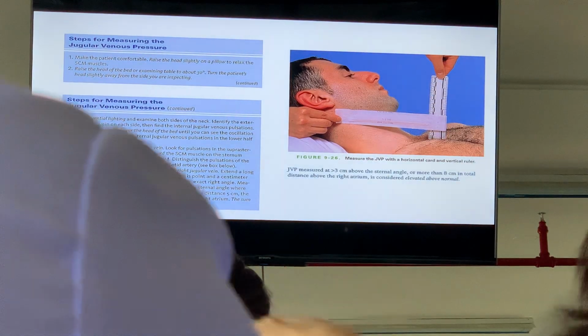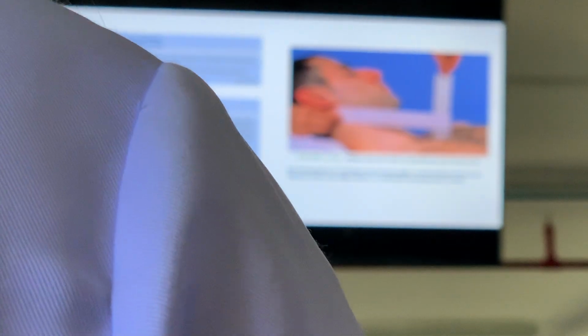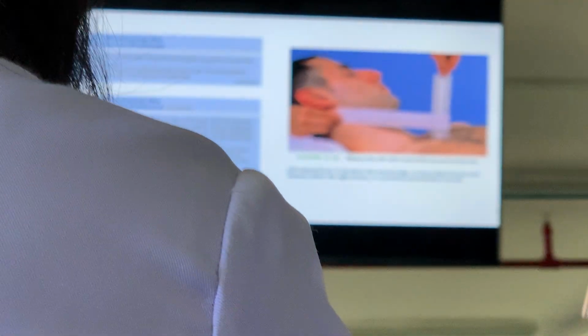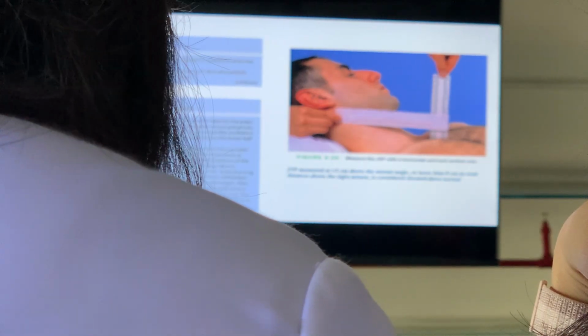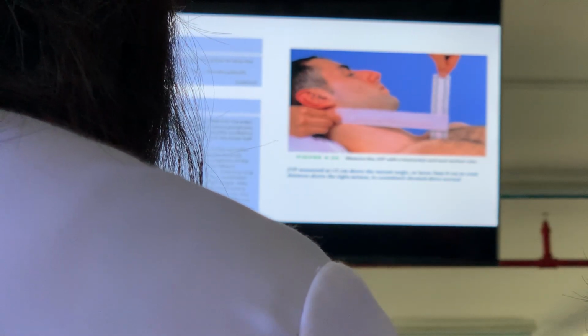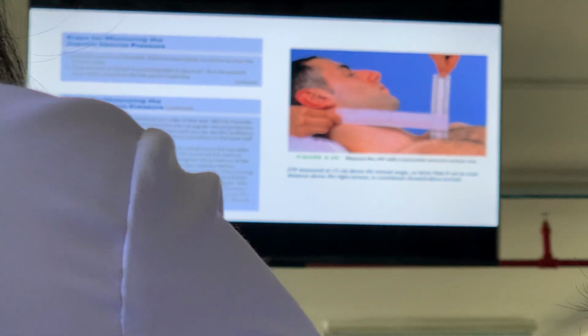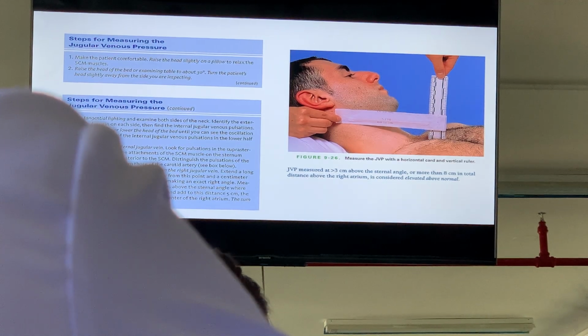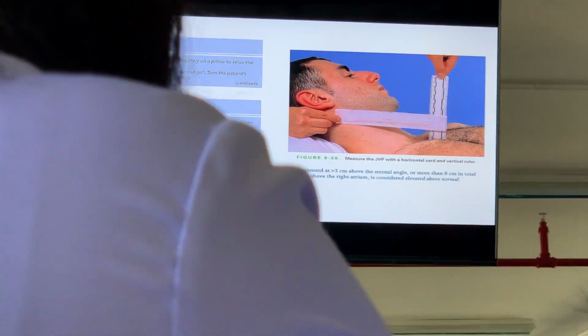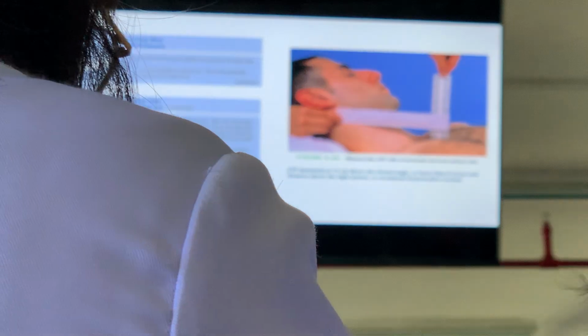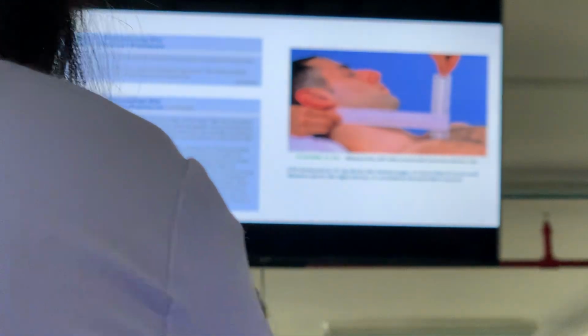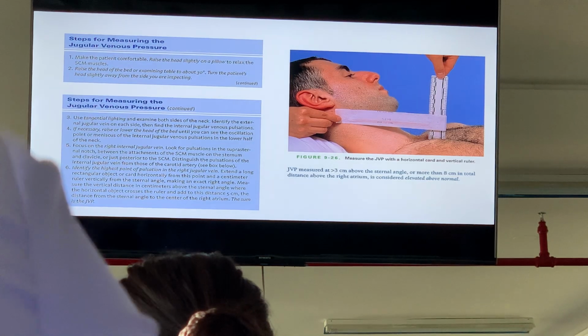Once you go to the clinics or do your cardio examination, palpate where the dip is, because there is usually a depression there, like an intercostal space. That's where you put the ruler, and then you measure it. If it's more than the normal value, that means it's elevated.